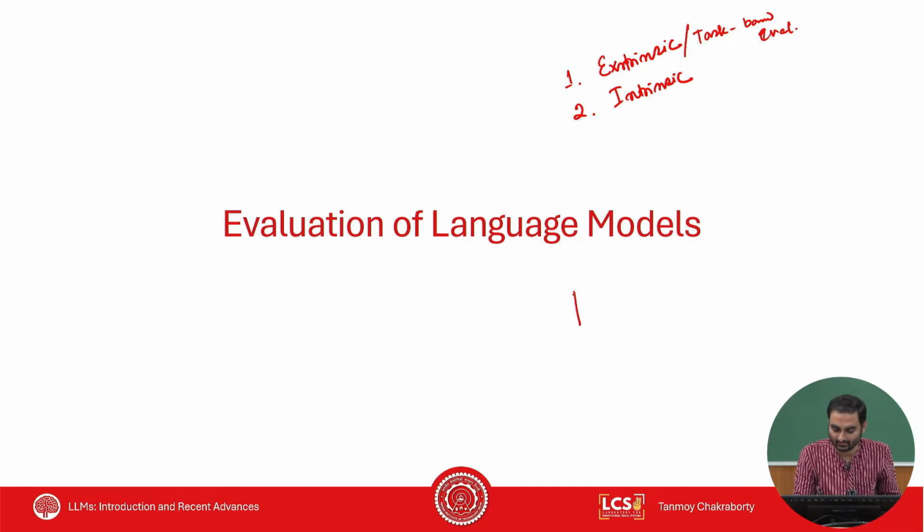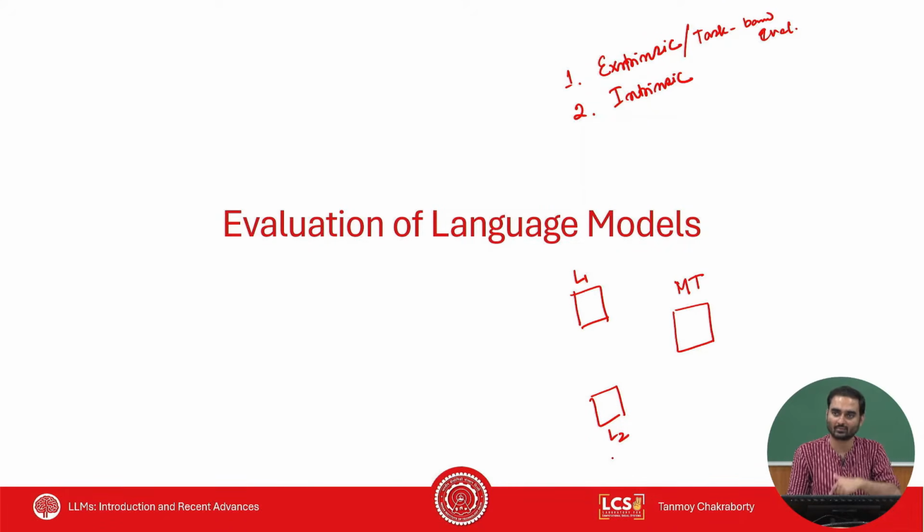Let's say this is a language model L1 and this is language model L2. I mentioned in the last lecture that we use this language model for downstream tasks. The task can be machine translation, speech recognition, or spelling correction. Let's say you have the task of machine translation, for which you apply a language model, and the machine translation model is evaluated based on some metric.